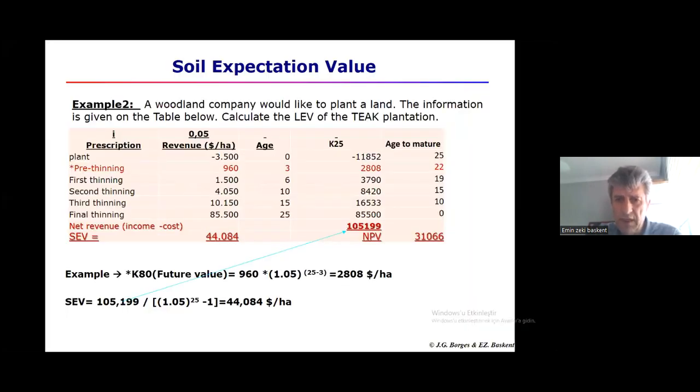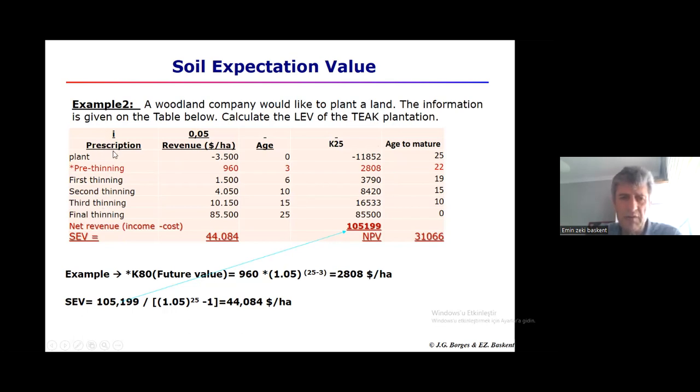So here is an example. Given that a woodland company would like to plant a land, the information is given below in a table, and we are asked to calculate the land expectation value of a teak plantation. Teak is a fast-growing tree. These are the prescriptions or silviculture operations on the left-hand side.